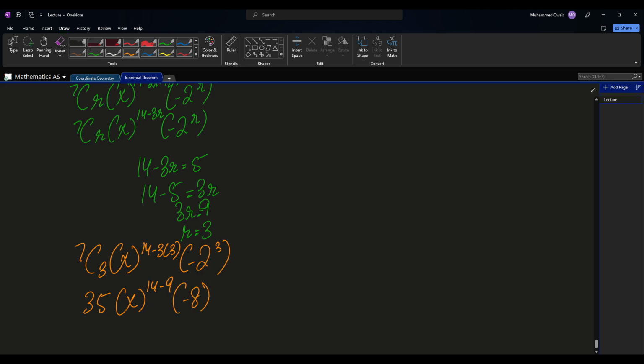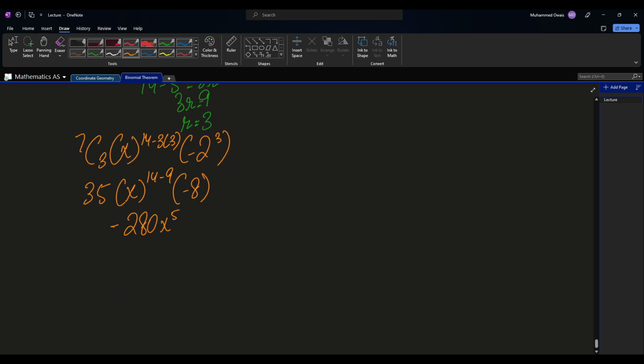And 35 into 8 is negative 280 into x power 14 minus 9, which is 5, and there is our answer. It asked us to find the coefficient of x5, which is minus 280. As you can see, all we have to do to find terms directly is use this method.